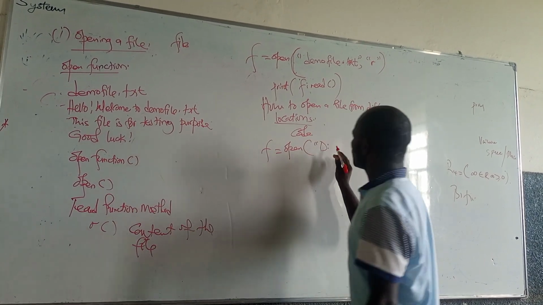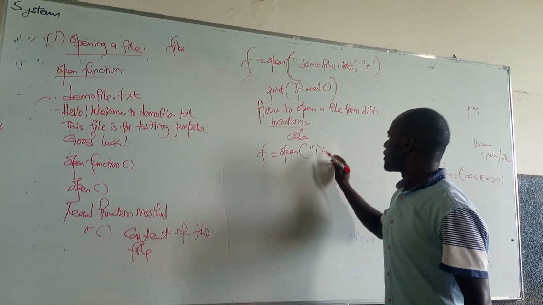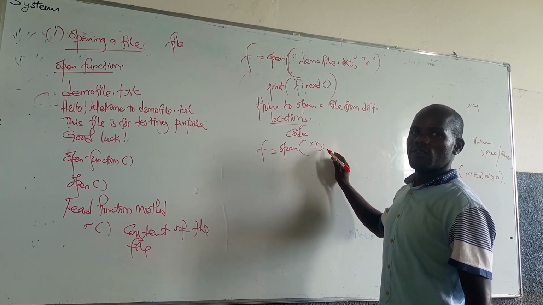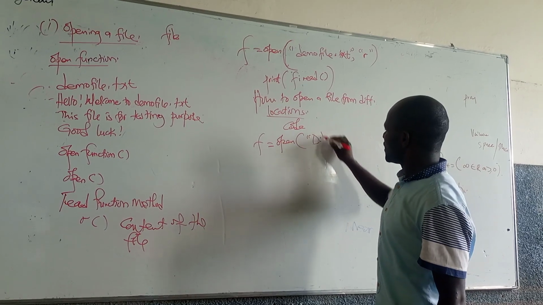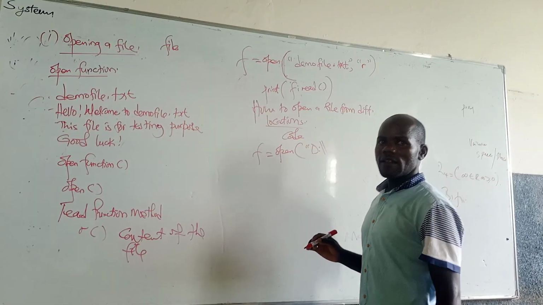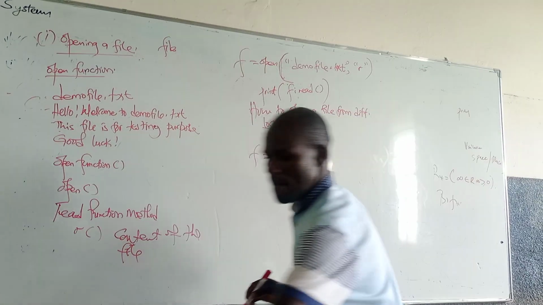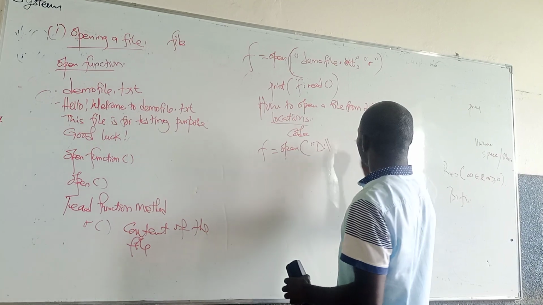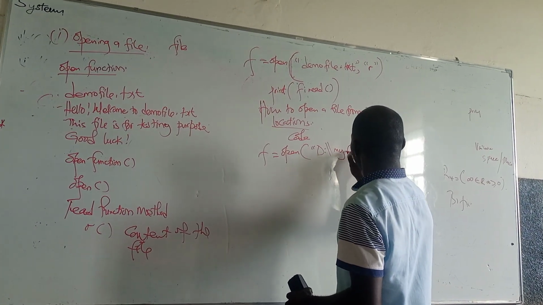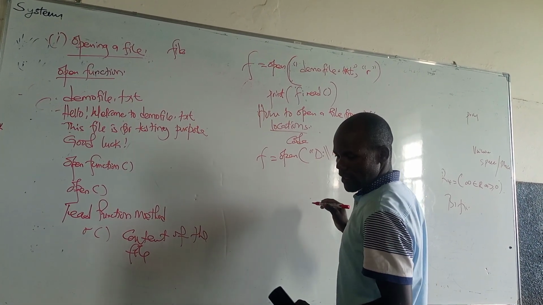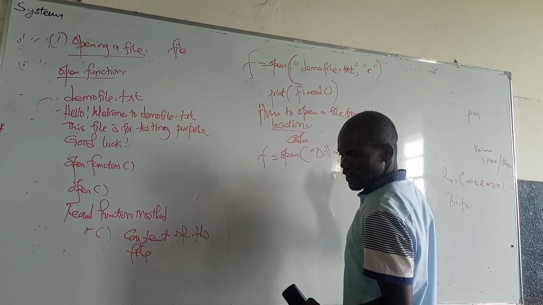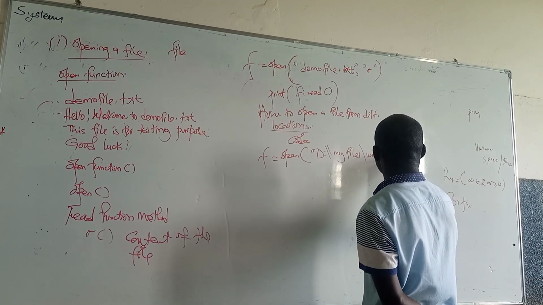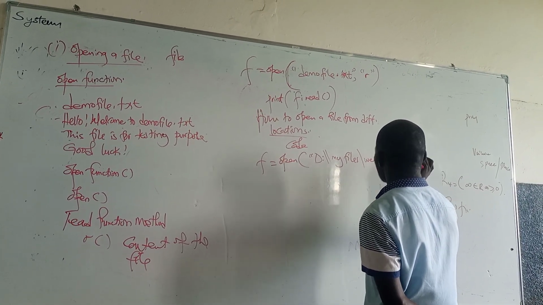Take care of the name given to this directory, these symbols, full colons, then those backslashes, then 01 my files, then another backslash, then you write welcome.txt.